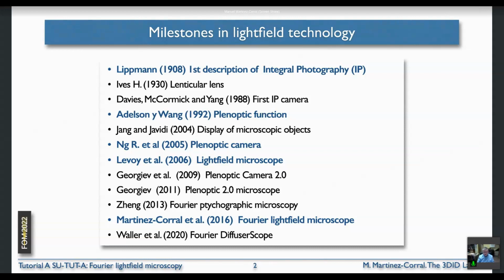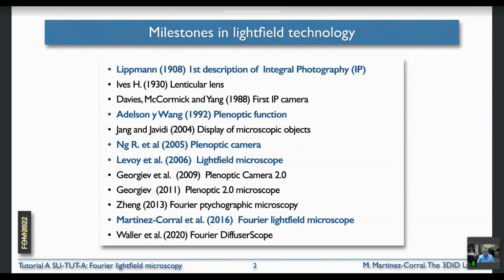Many years later, Adelson and Wong reported for the first time the mathematical description of this technique and gave it the name of a Plenoptic technique, and therefore the Plenoptic function.